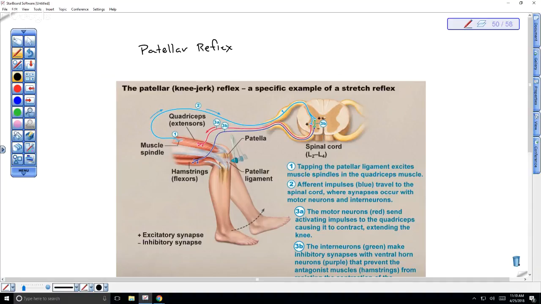But when you hit the patellar tendon, it's going to cause your quadricep to stretch. So if I hit this tendon, it causes stretching in my quadricep, and what is going to be the response? My knee is going to kick, and the quadricep muscle actually contracts, right? So we have the stretching. This one contracts, and it causes the leg to move.